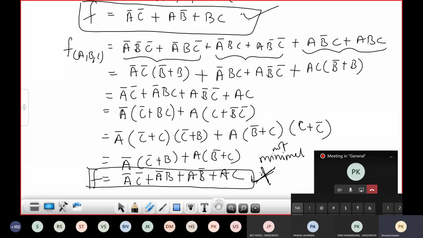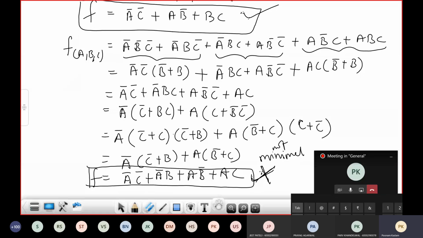This is one solution, and if you pair it in some other way, you will get one more solution to this function. You can try it out. Take some other combination, and you will get two minimal solutions for this expression.